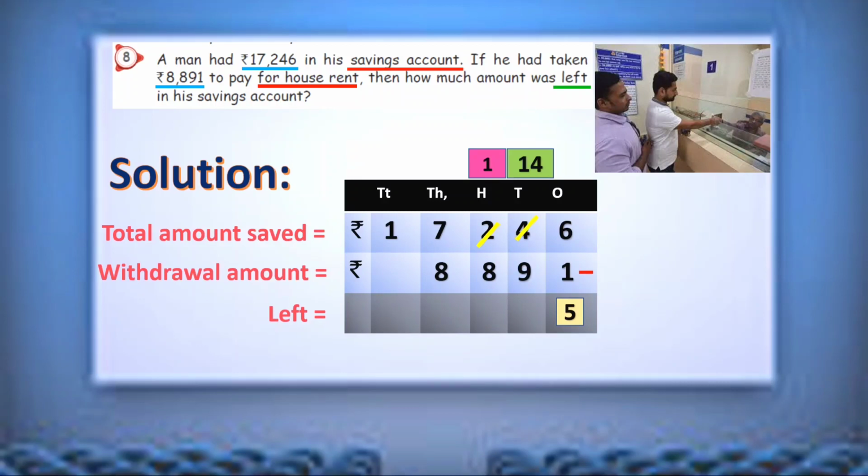So 10 plus already 4 is there, so 10 plus 4, 14. Don't forget, and don't get confused. For our convenience, we write 2, 1 and 14 like this. But 14 in the tens place denotes 140, right? So 14 minus 9, 5, right?